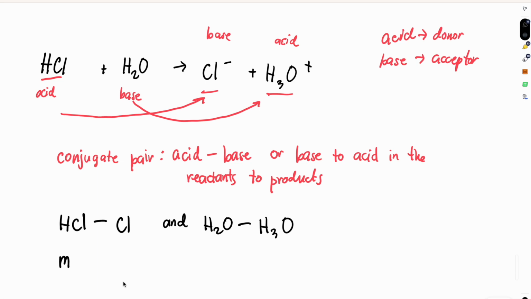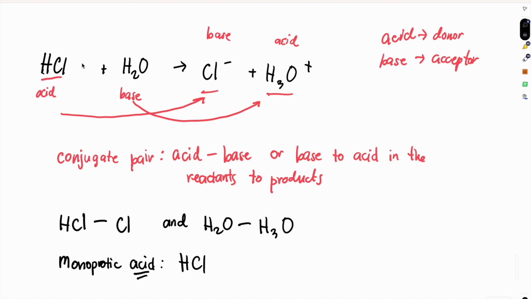How about natay monoprotic na acid, right? Monoprotic acid here we have what? HCl in the reactant side. So, monoprotic acid in the reactant side is HCl. So, makadonate siya.